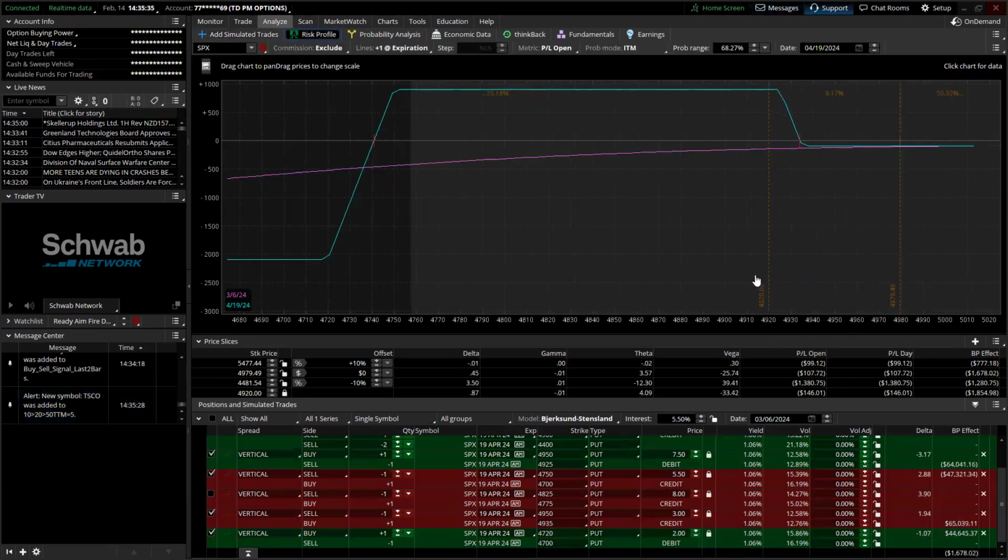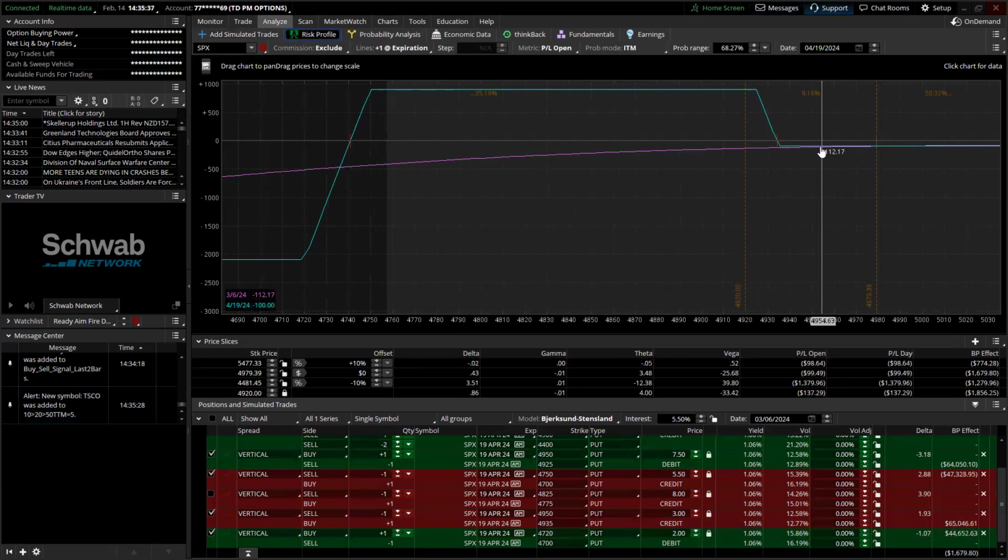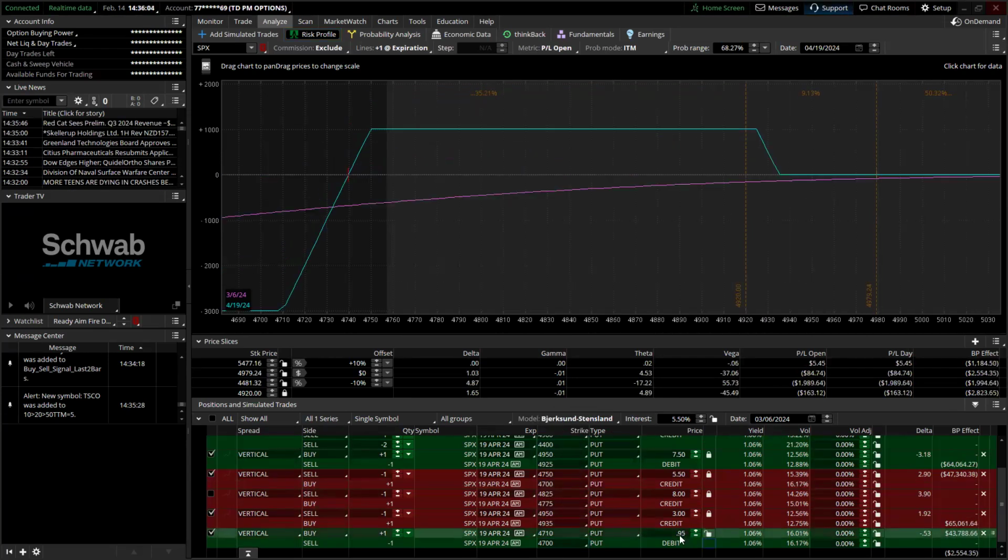So we went from being down 200, we rolled the long legs in, and we were able to remove half of the initial risk. If I rolled my 4,700, not to 4,720, but maybe to 4,710, and I only spent $95, then you can see my upside risk, right?